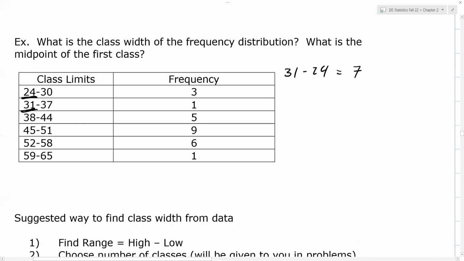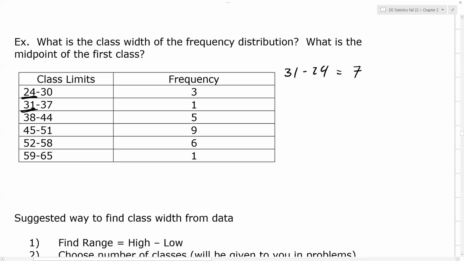Theoretically, that means there are essentially 7 different answers that will get put into that first bucket, that first bin, that first class. Now, you may look at that and go, 24 to 30, there's only 6 numbers that I'll put in there. But let's count it. So 24 will be the first answer that we would put into that class.